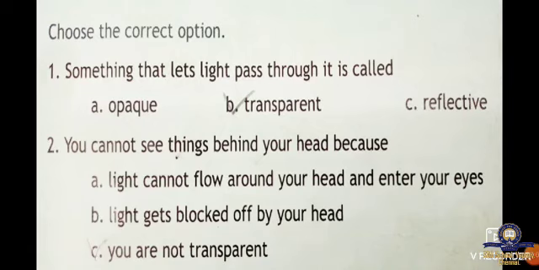You cannot see things behind your head because, options are given: light cannot flow around your head and enter your eyes; light gets blocked off by your head, or you are not transparent. The correct option is you are not transparent.